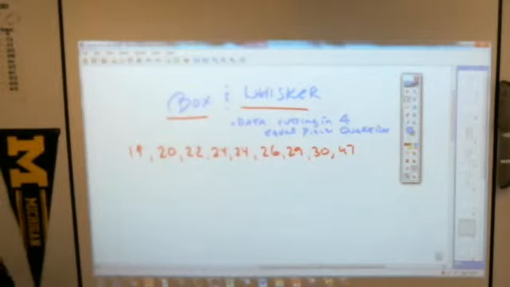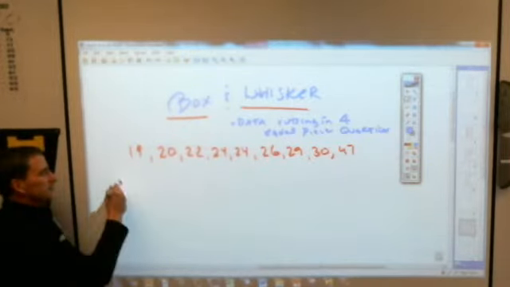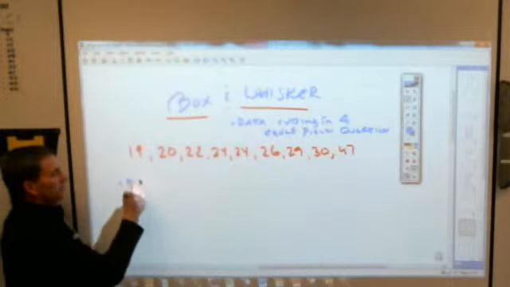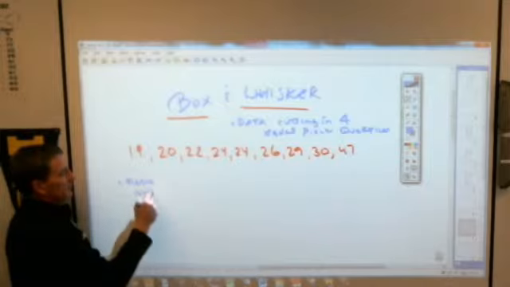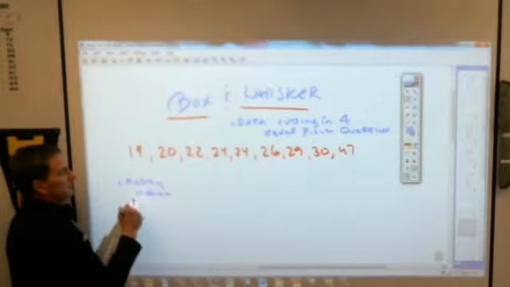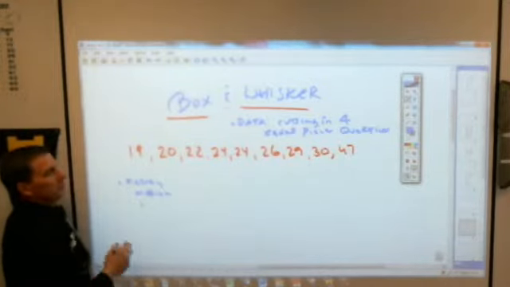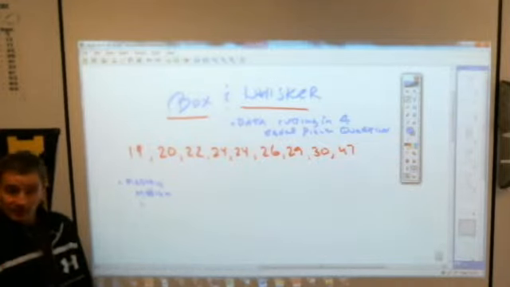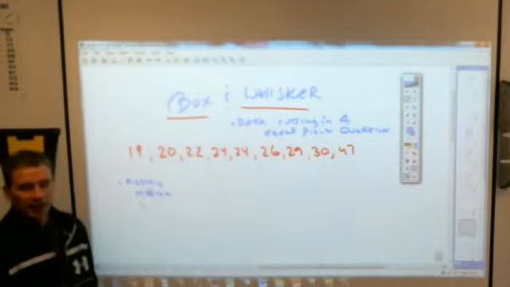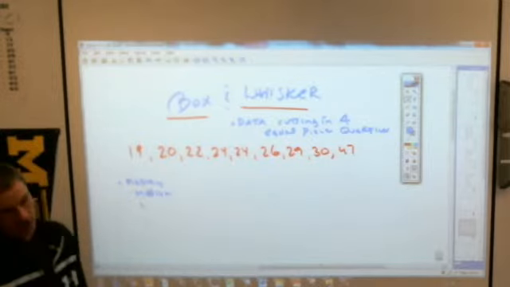In order to do that, you find the median, and then find the median, and then find the median. You're looking for the middle numbers. Because if you find the first middle number, you've cut it in halves, right? And if you cut halves in halves, you've now cut it into quarters.